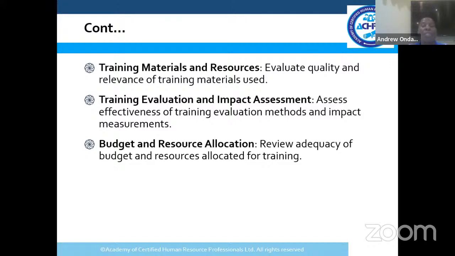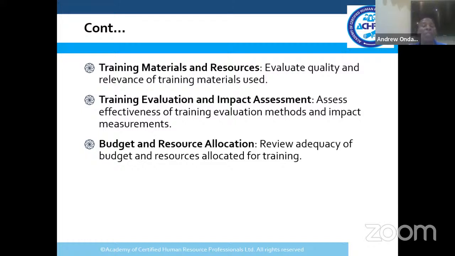It is pointless to conduct a training by allocating resources very late. Probably you are closing a year, especially for public sector organizations. You are closing a year in June. You allocate the resources on 29th of June, which means there will be no training. So resources must be allocated in a timely manner to allow employees to go for training.